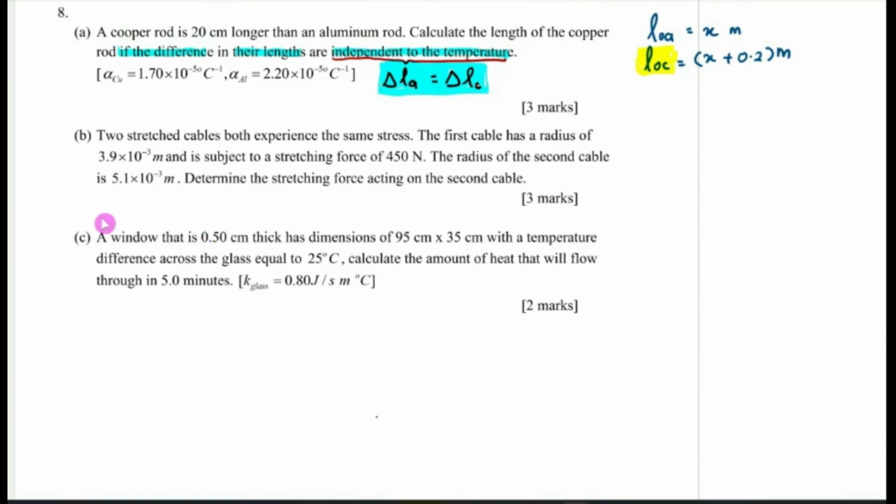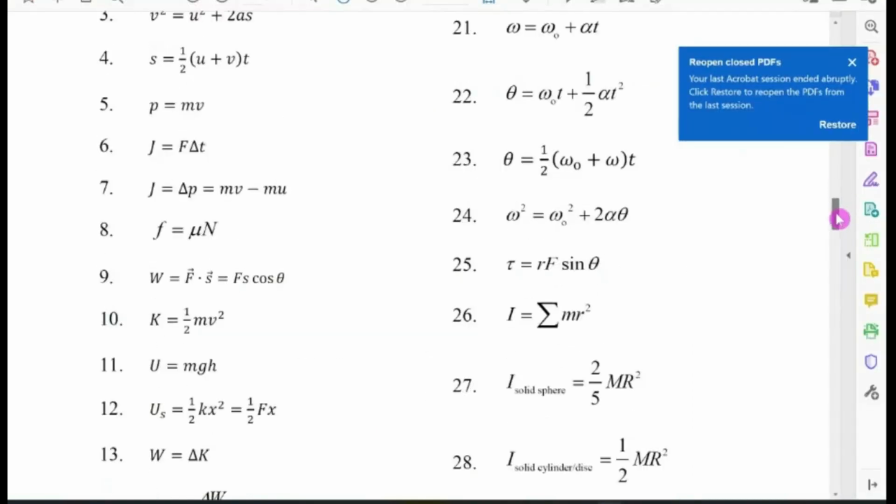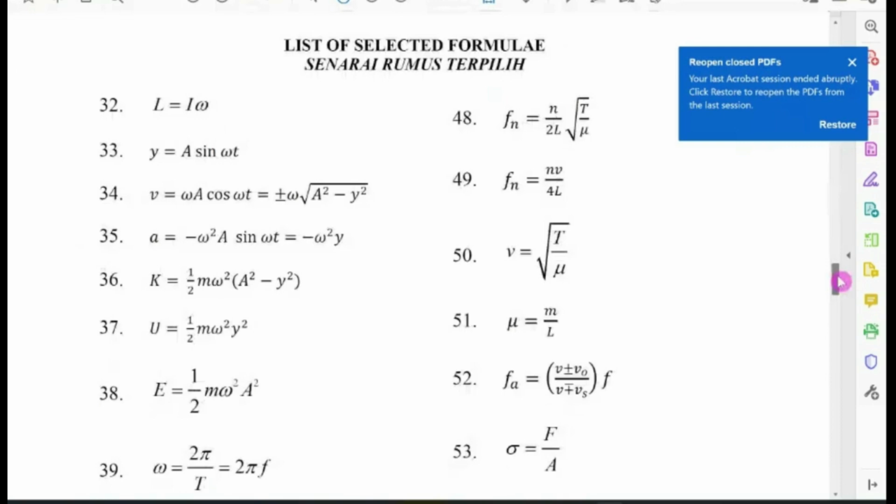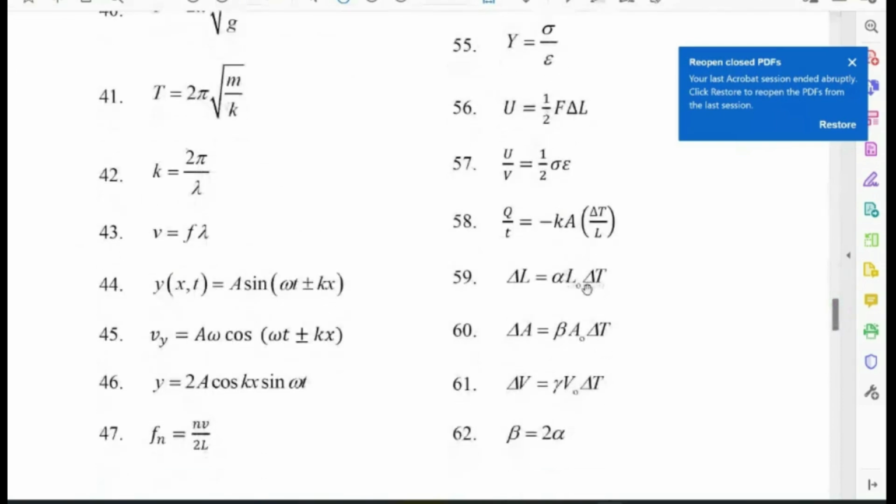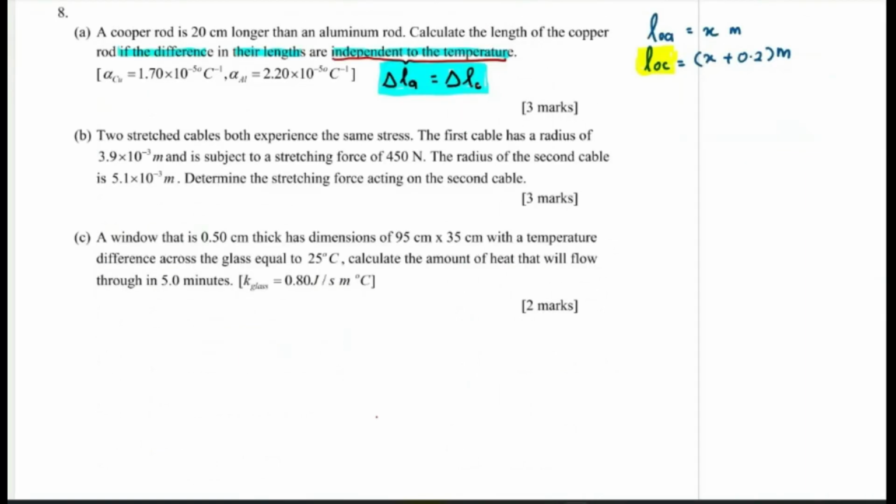Bila kita nak jawab, kita akan guna saja formula delta L yang kat depan ni. Delta L is equal to alpha L0 delta T. So kita tulis kat sini: delta L A equal to delta L C. Masukkan formula dia tadi, di mana alpha untuk A darab dengan L0 A delta T equal to alpha for copper, L0 for copper, delta T. Jadi initial temperature dengan final temperature mesti sama.